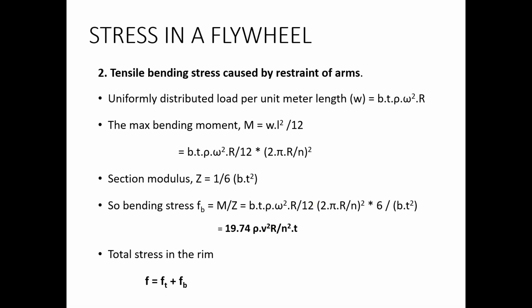Now we know the expression for the uniformly distributed load per unit length. If it is represented by W, it can be given by the expression B into T into rho into omega squared into R. Now B into T represents the area, if we are assuming the arms to be of rectangular cross section, where B is the width and T is the thickness.